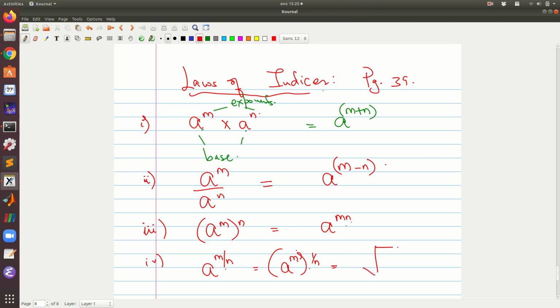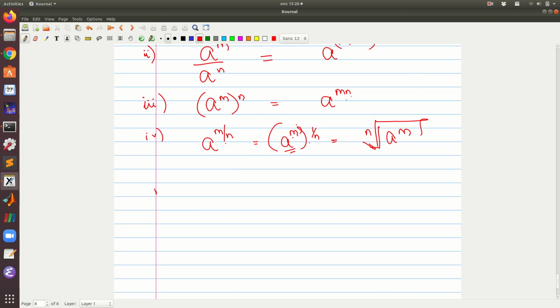However, what we want to write is that anything to the power 1 over n means the nth root. In other words, if it was b to the power 1 over r, it simply means the rth root of b. So here we are talking about the nth root of a to the power m.